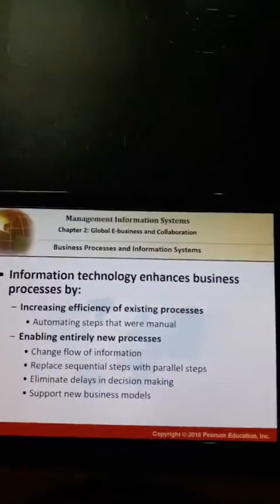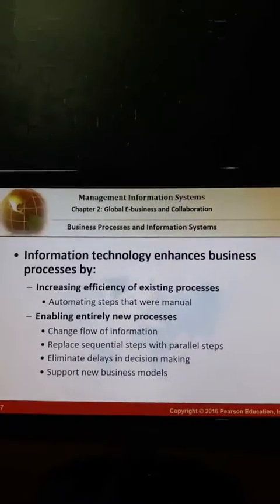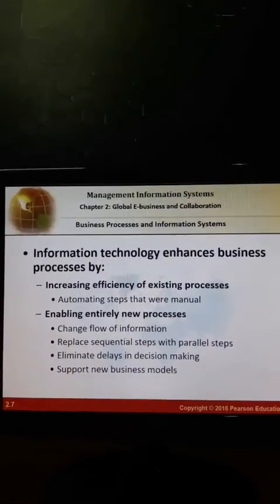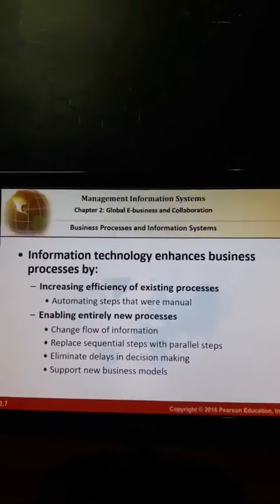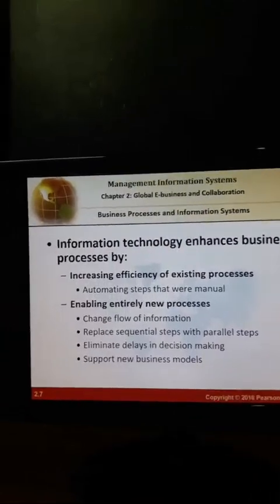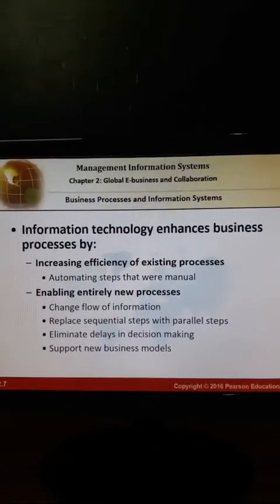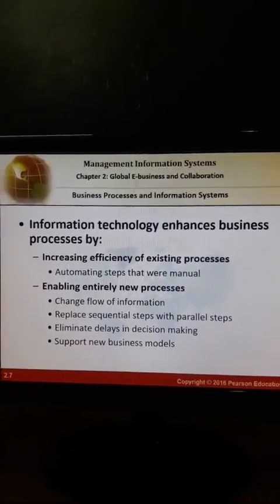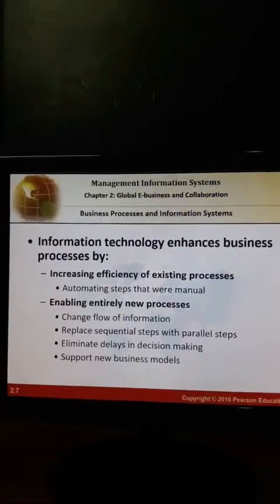But right now you are sitting in a live class. All of you are hearing my lectures from your home. There is no space barrier. Anybody can join, and you see all your classmates attending the class. This kind of improvement we call enabling an entirely new process.